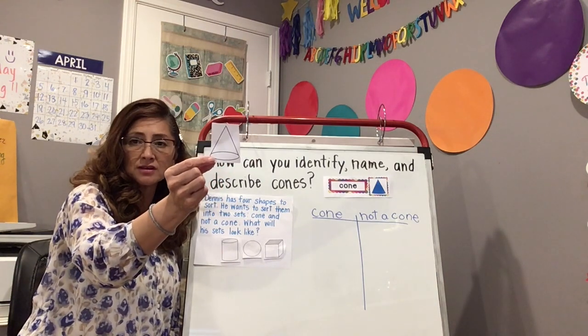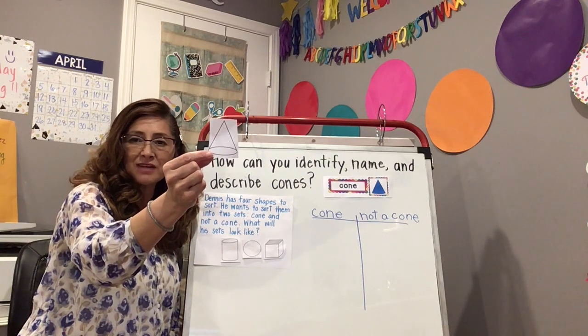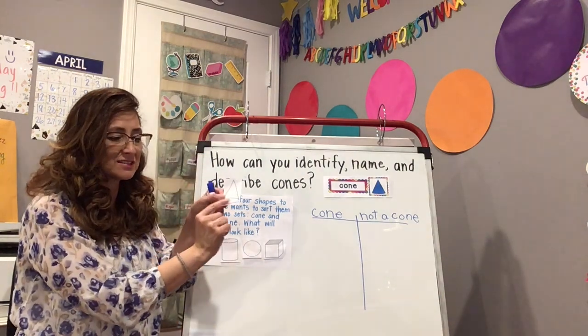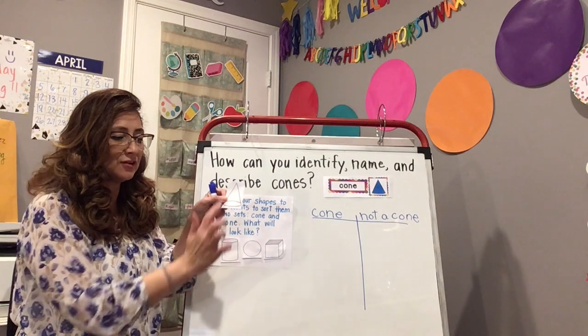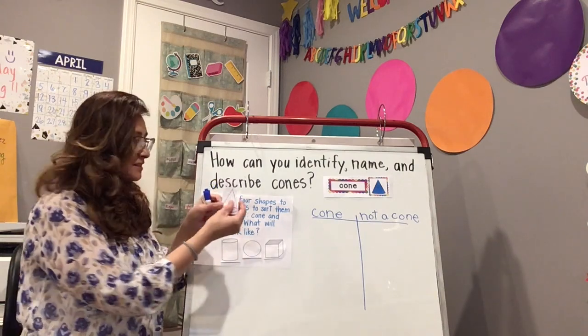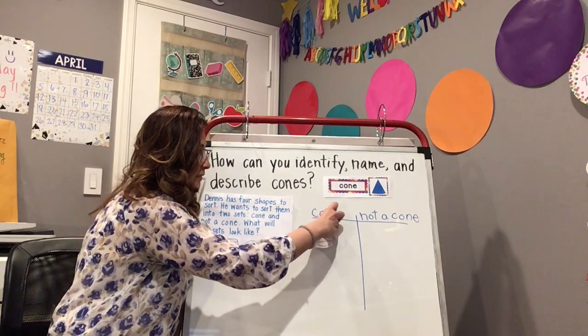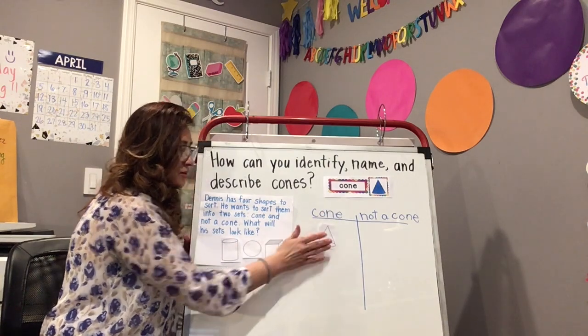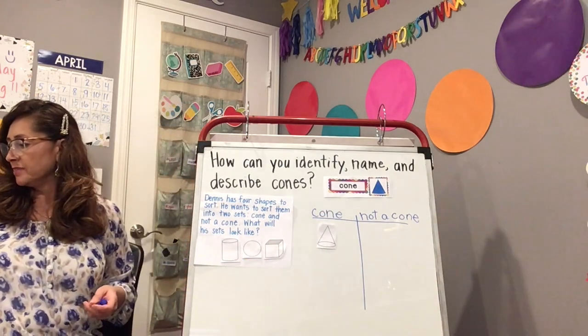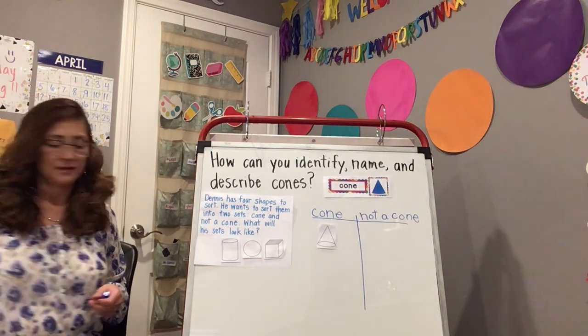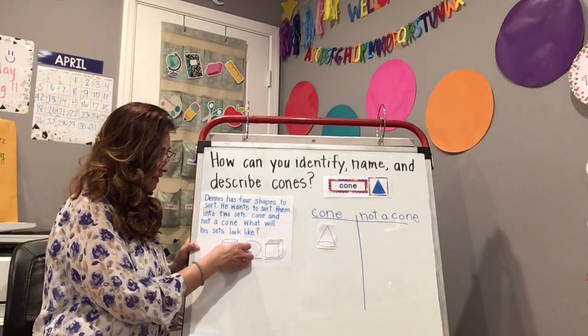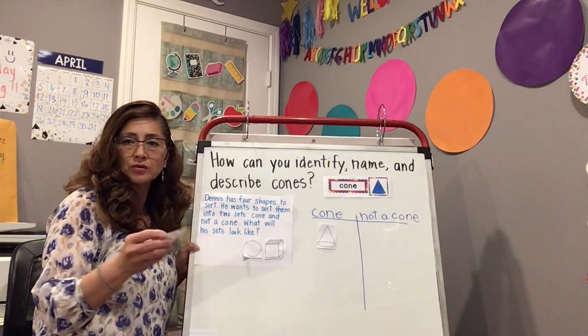How do you know that's a cone? That's right. You see a flat surface there, and you also see a curved surface. Good. Okay, so we know this is a cone. So we'll put it under cone. And then we have his next shape here. What shape was that?